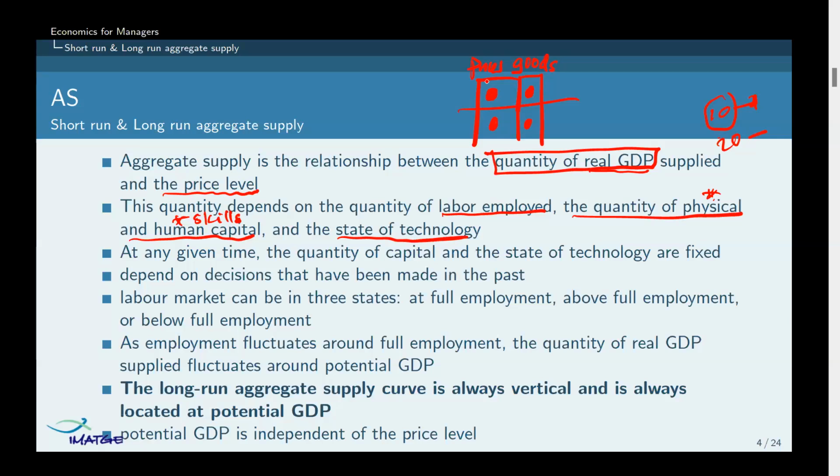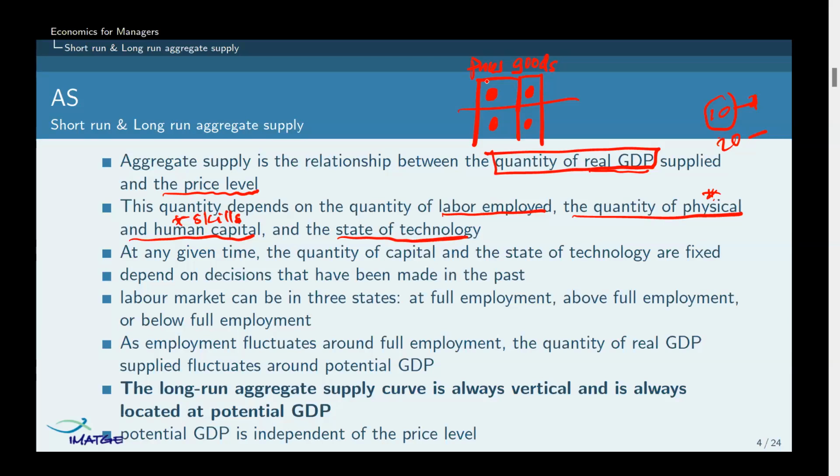For example, if you want to have an engineering degree, it might take you a long period of time to have that, but you need to invest time in attending college classes until you become a qualified engineer, right? So I'm saying at a given time, the quantity of capital and the state of technology are fixed. The same way it might take time for a company to acquire more equipment.